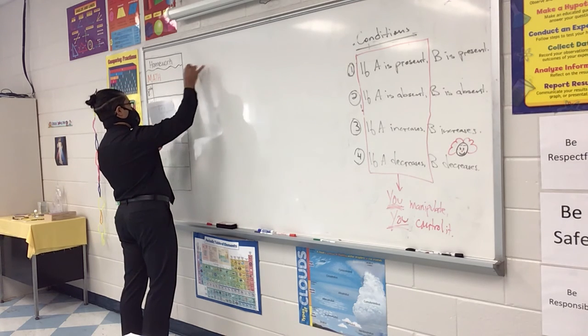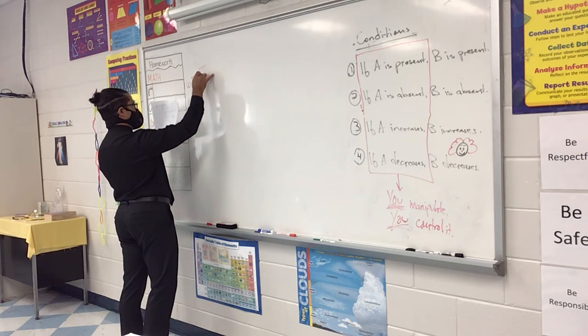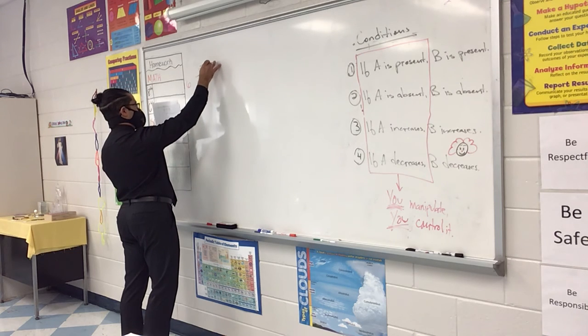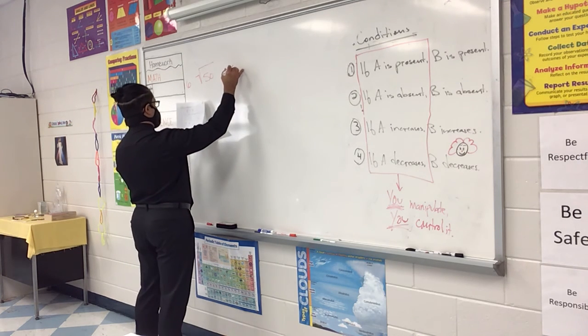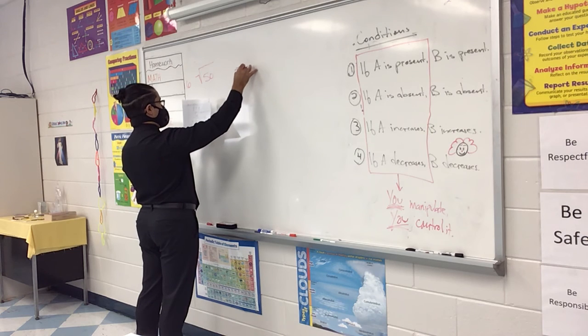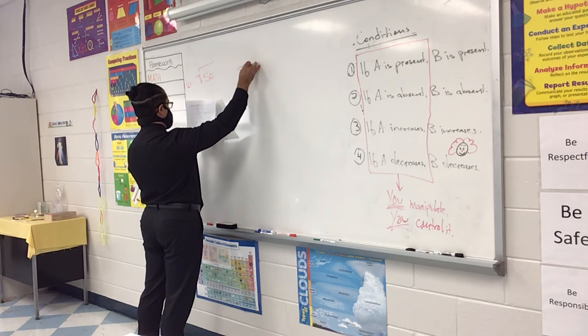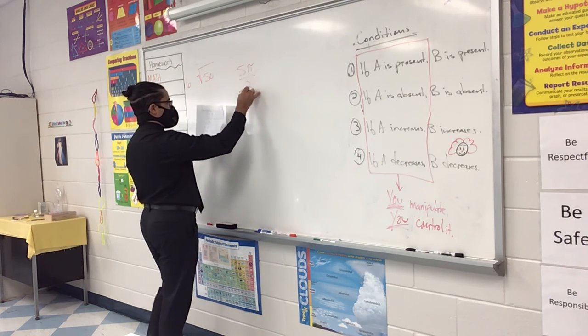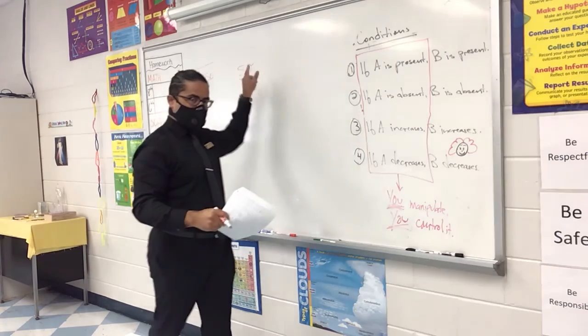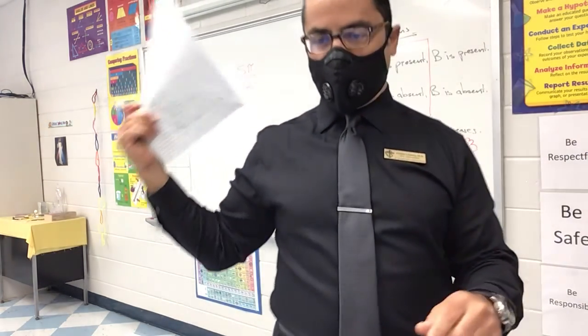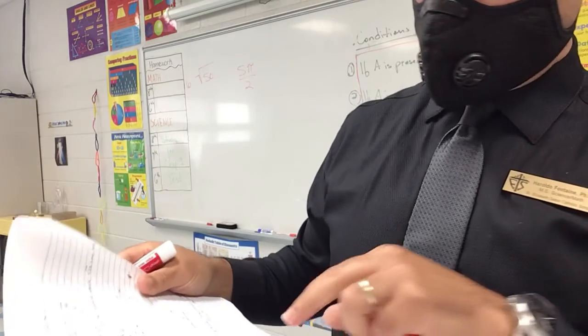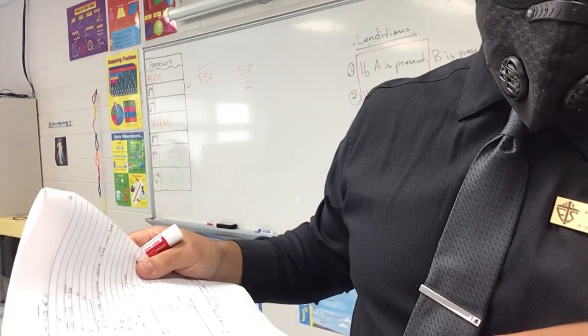Question 6, we have radical 50, and we have 5 pi over 2. Now, before I cut you loose for the weekend, I told you what the approximate value of pi is, yes? Yes, okay.